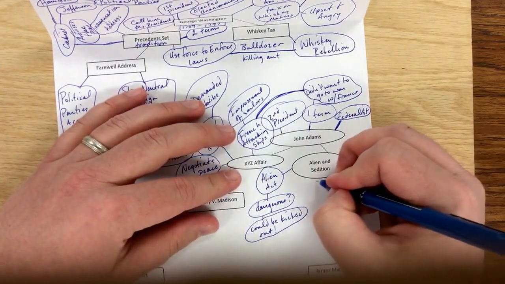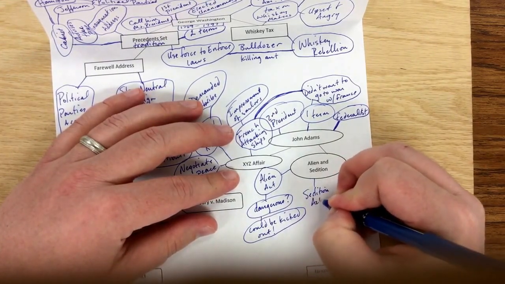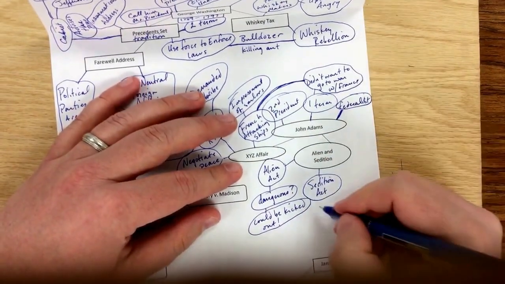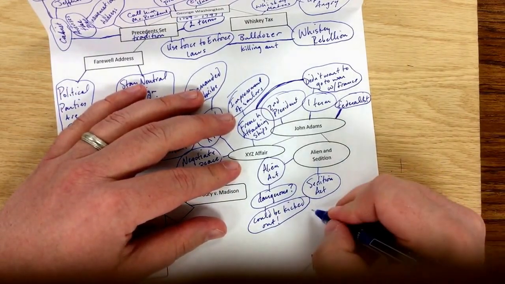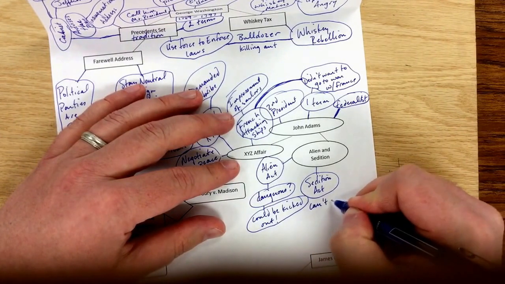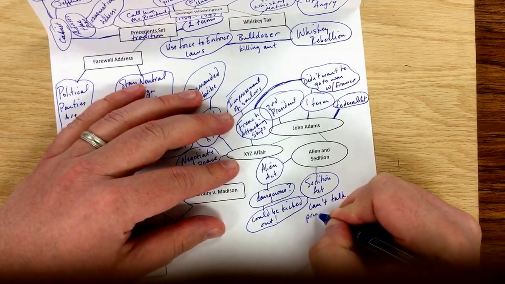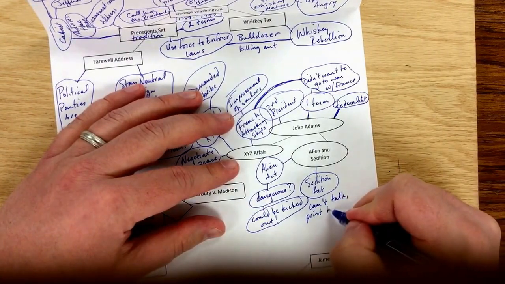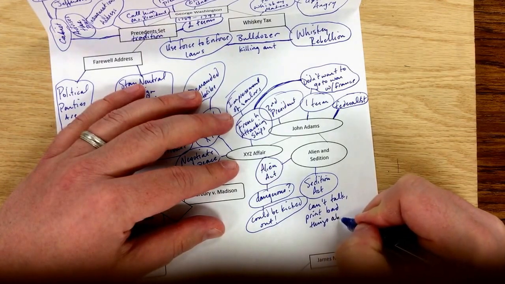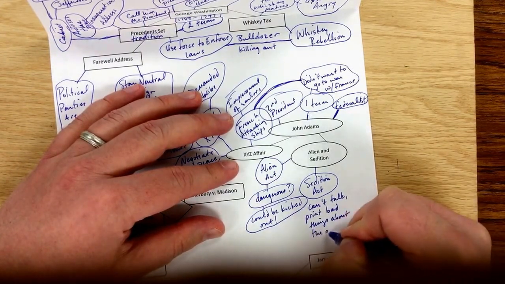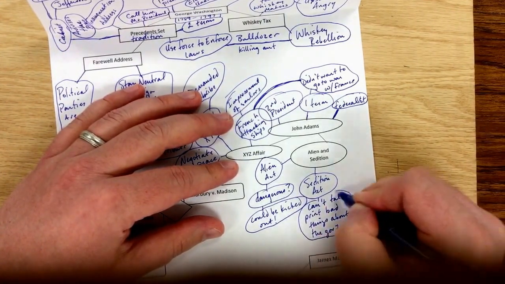And then the Sedition Act said that if you speak bad against the government, so you can't talk or print bad things about the government, you could be fined or put in jail.